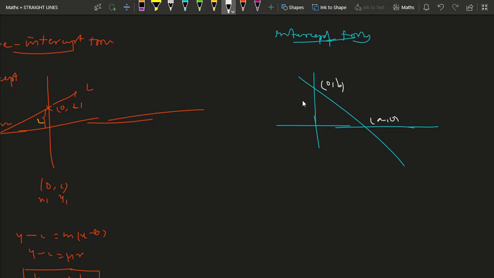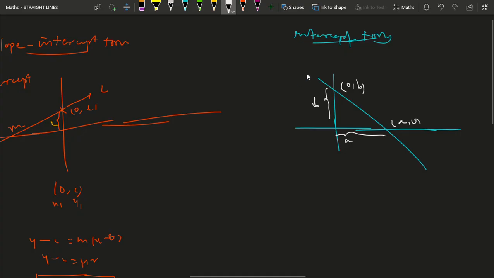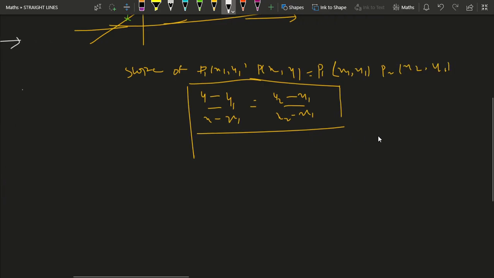Why am I taking this as 0? This distance is B, so only then can I take this point as 0, B. If this distance is A, then only I can take this point as A, 0. And this is line L. What can I do? I know these two points. Can I use two-point form?